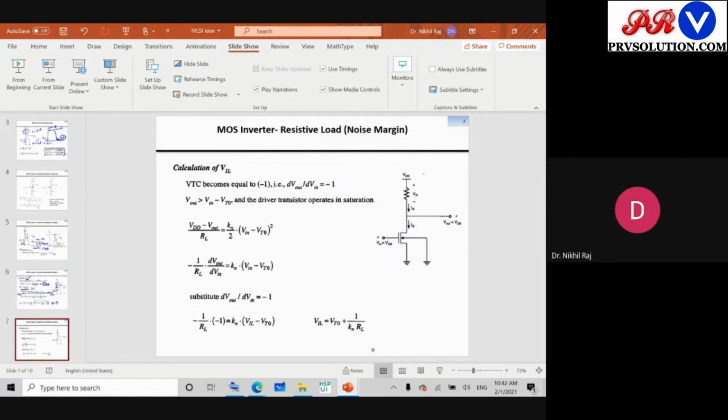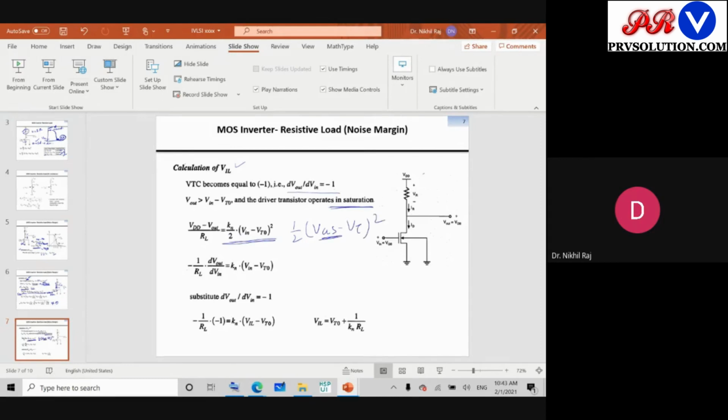Now going to the VIL expression, we will use the property of slope of -1 and write the equation. What will happen when we are calculating VIL? We have seen the NMOS was in the saturation region. So for saturation, this is the equation, that is half Kn times (VGS minus VT naught) whole square.